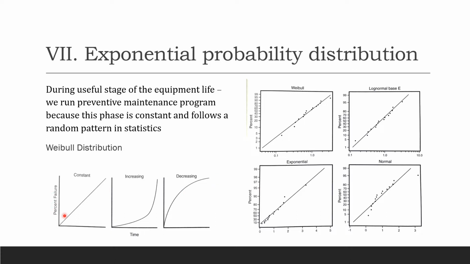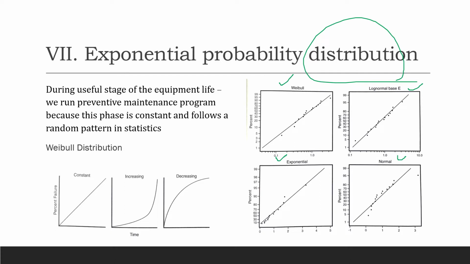Again, we're studying the failure against time. You don't have to worry too much about this. All you have to pay attention to is the distribution curve. They look like that, then they look like this, and we have different applications. We call this statistical distribution.